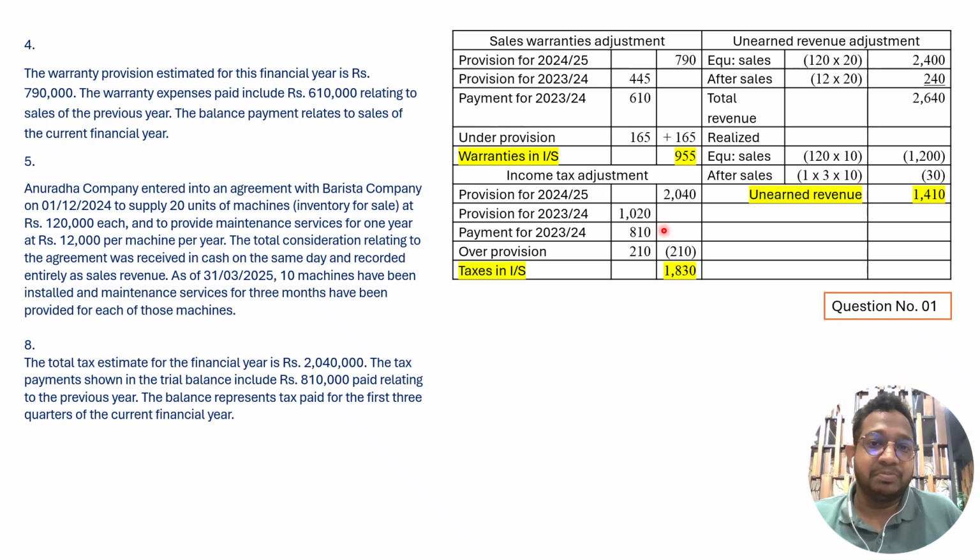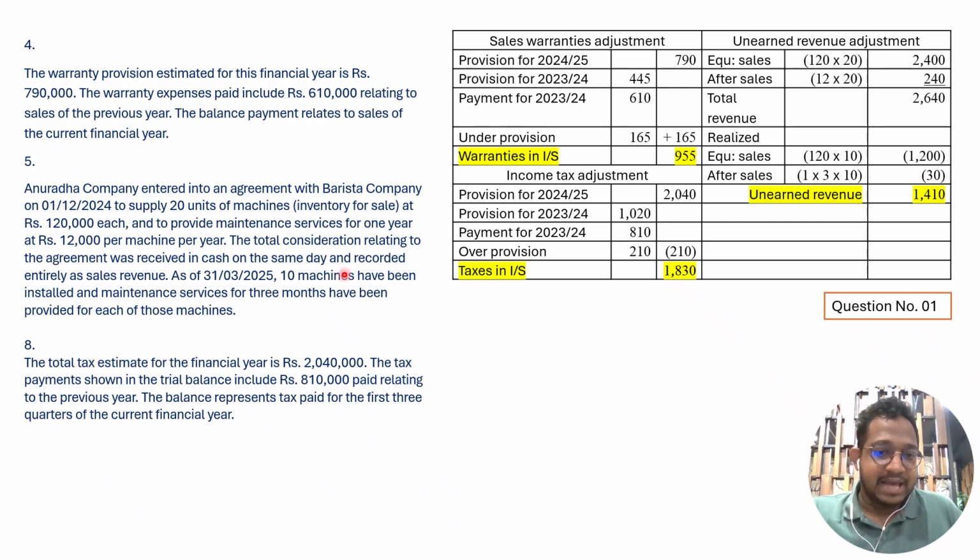Which means you paid 430 for this year's first 3 quarters. So the total provision is 2040, and you already paid 430 for this year. So the remaining amount, 1610, is the amount that you should mention in current liabilities as tax provision.